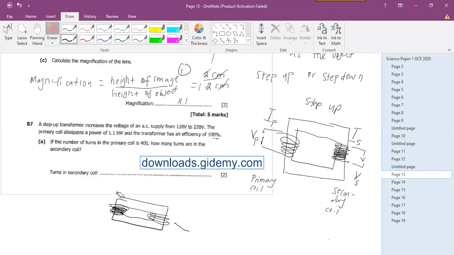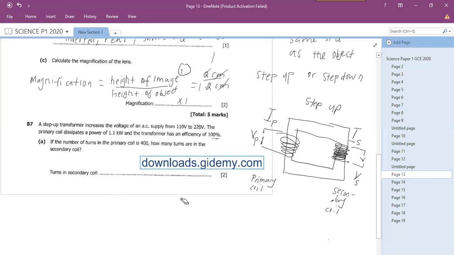And every transformer that's at 100% efficiency, and they are not going to change this question, at your level, they'll use this 100% efficiency, obeys this formula and this relationship.